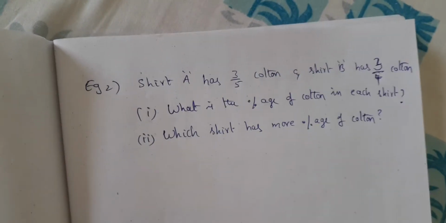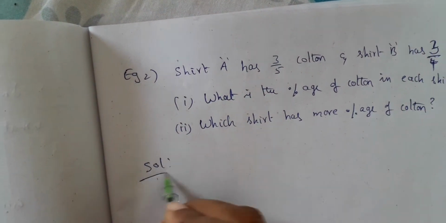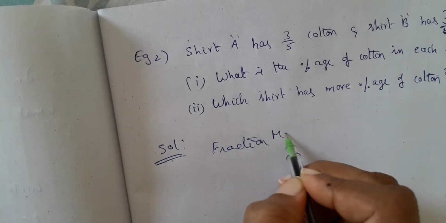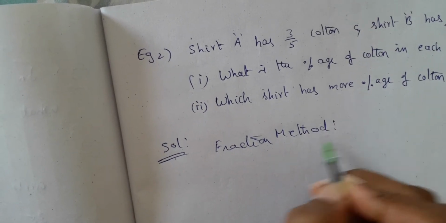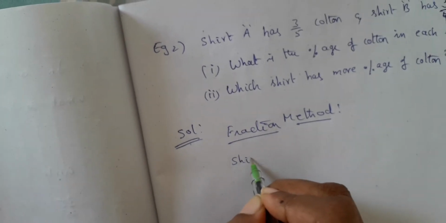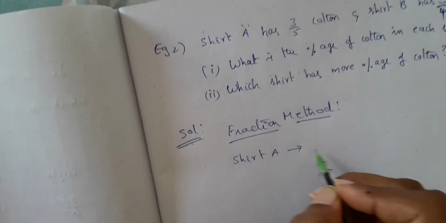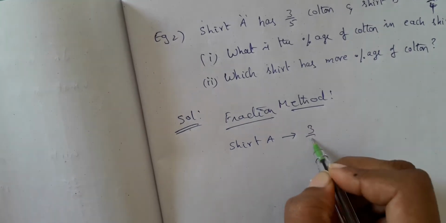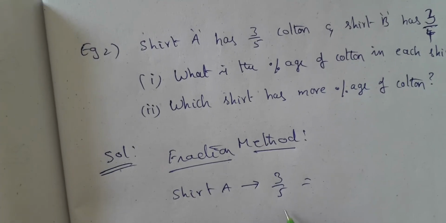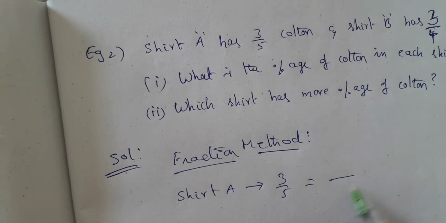Very simple, right? So we'll go by the fraction method. Shirt A: what is the fraction given? 3 by 5. I want to find the percentage, so I have to make the denominator equal to 100.